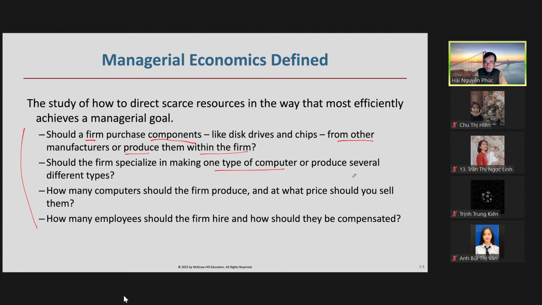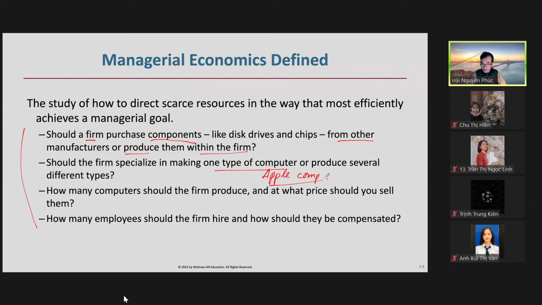Let me give you an example. Let's take the Apple company. About 10 or 15 years ago, they made only one type of iPad, one type of iPhone. But in the last few years, you can see that they extended their product line. You have various types of iPad, various types of iPhone, various colors for iPhones.